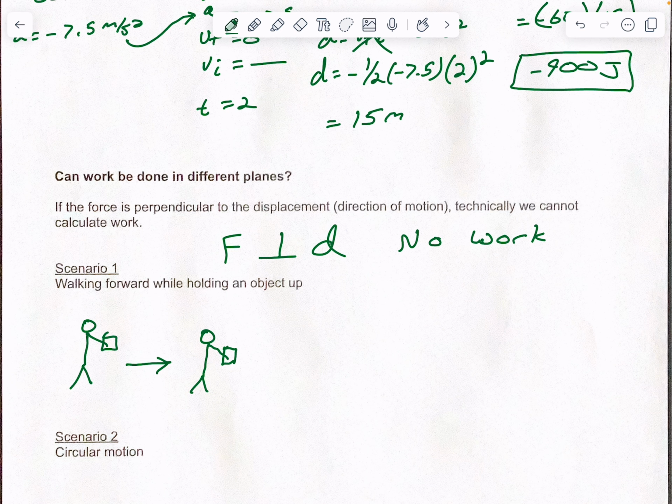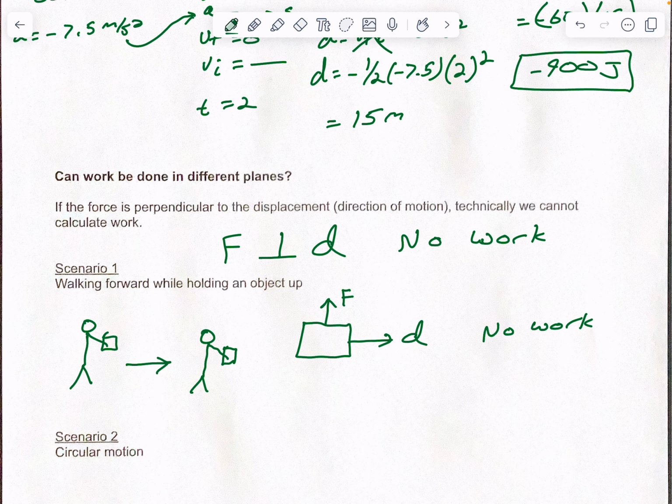If you take a close look at that box, he is using a force to hold it up, but the distance he is covering is this way. Force and distance are not in the same plane. So is Bob doing work in this case? No. No work is being done, because his force is going up and his distance is going horizontal.